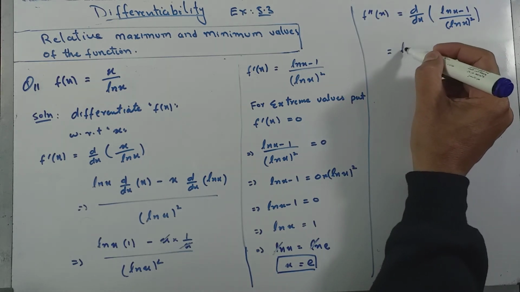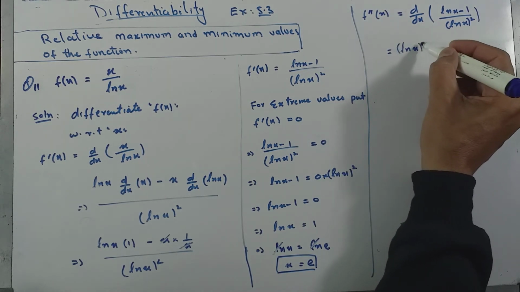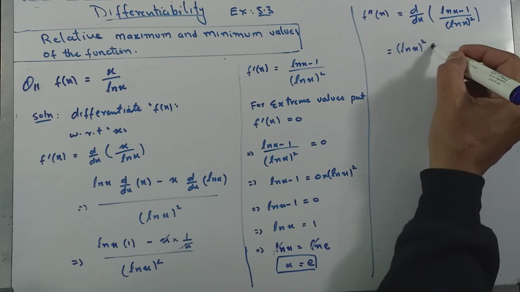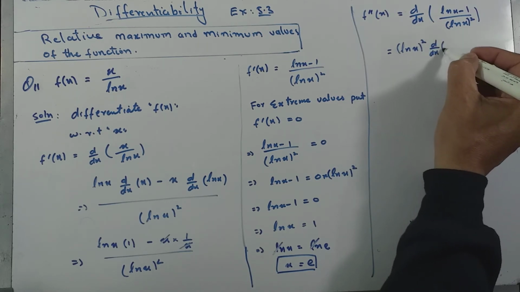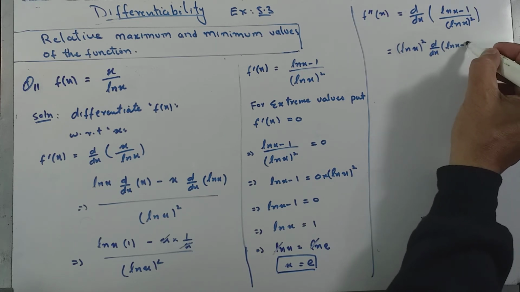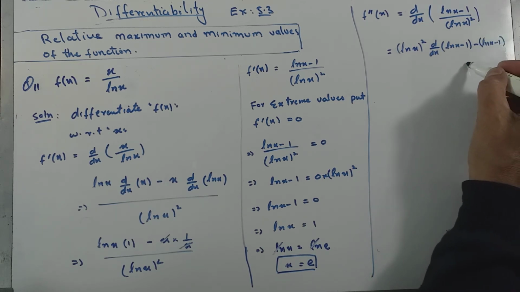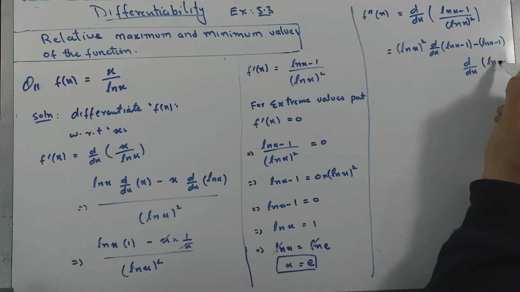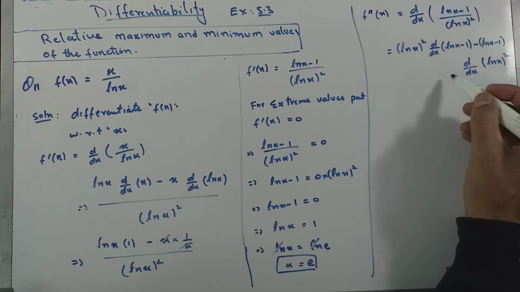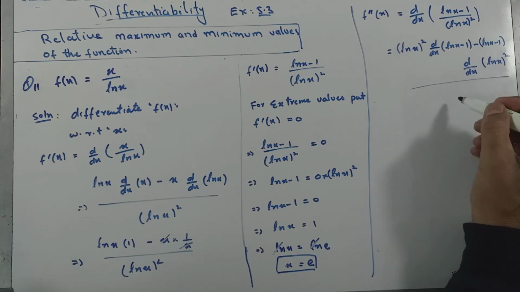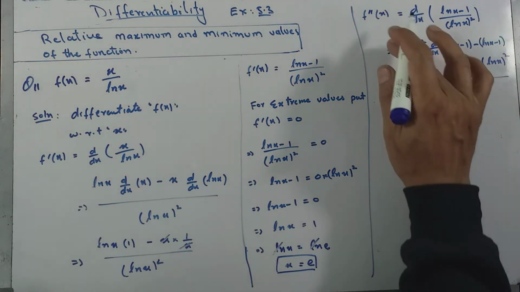So low d high: low d over dx of (ln x minus 1), minus high, which is (ln x minus 1), d low, over low means (ln x square) whole square.